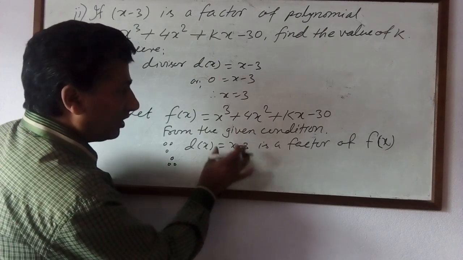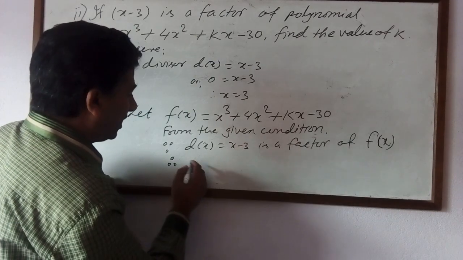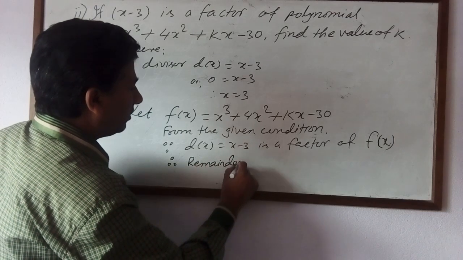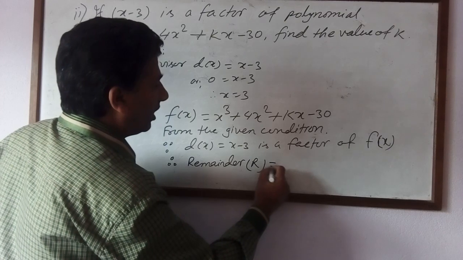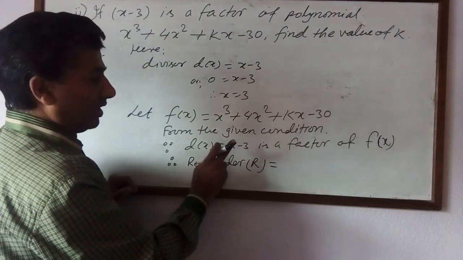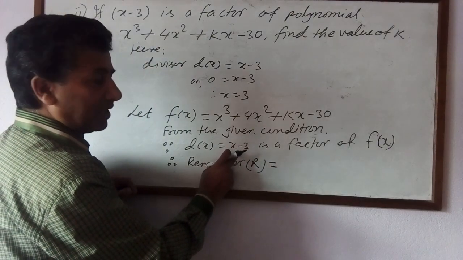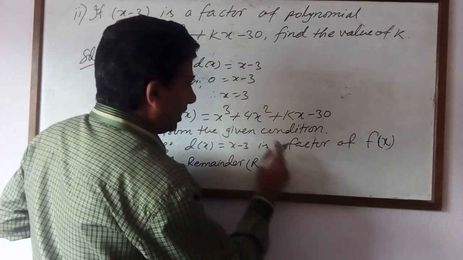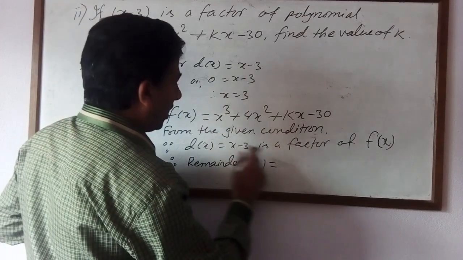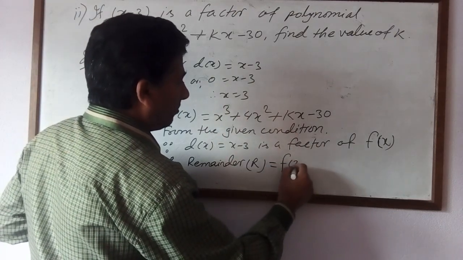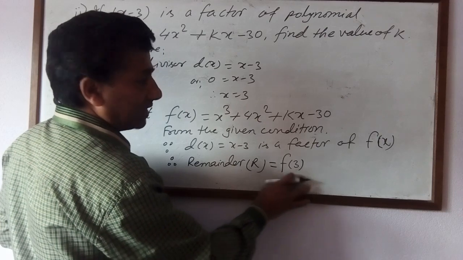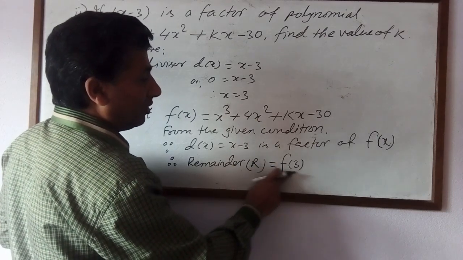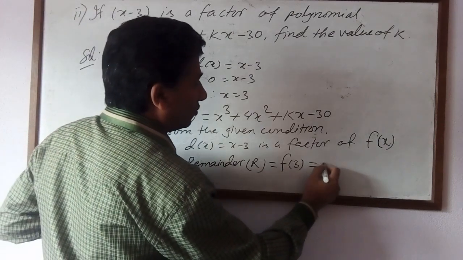If this is a factor of f(x), then the remainder r is zero. The divisor is x minus 3, so for this divisor the remainder is written as the value at x equals 3, that is f(3). This is the sign of the remainder according to the remainder theorem. So f(3) equals 0.